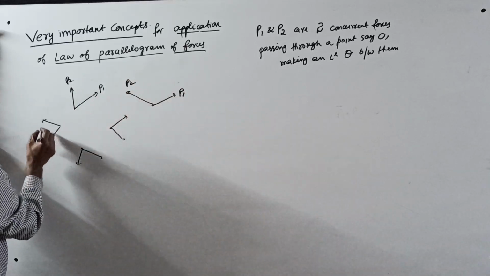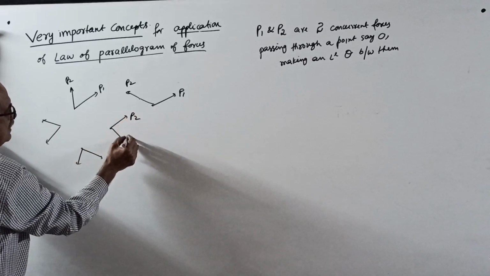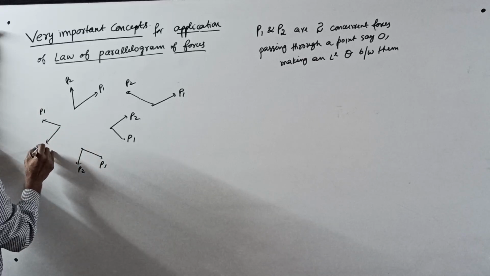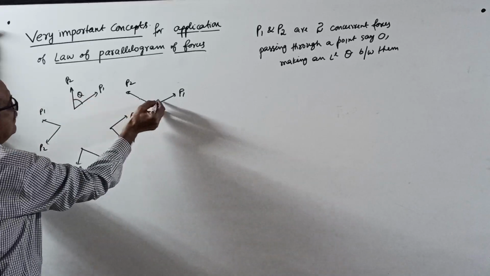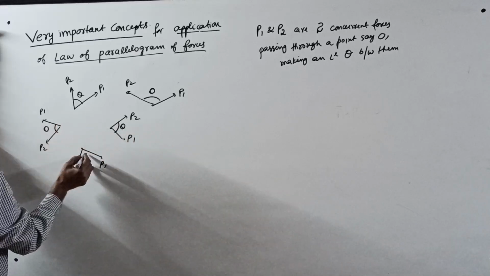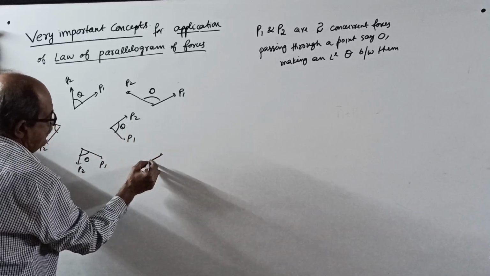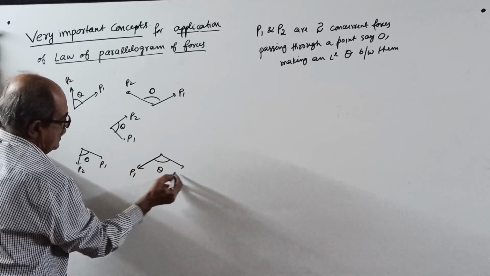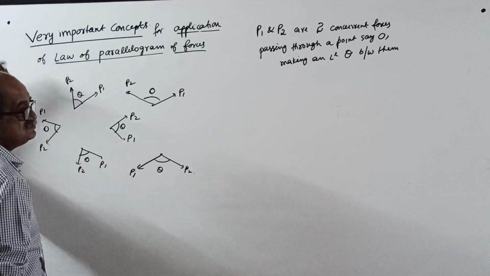There is no restriction. If you want, you can call this one P2 and this one P1, anything. The angle is theta, with one of them P1 and one of them P2.